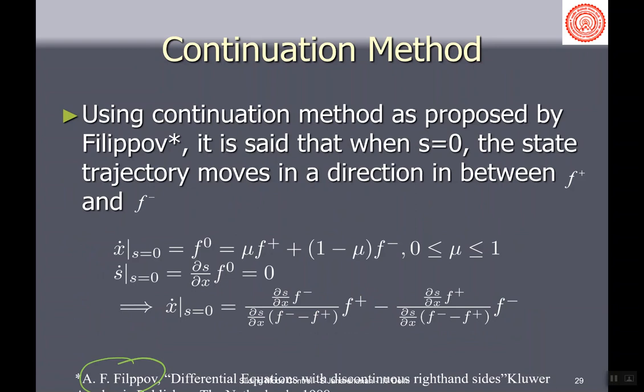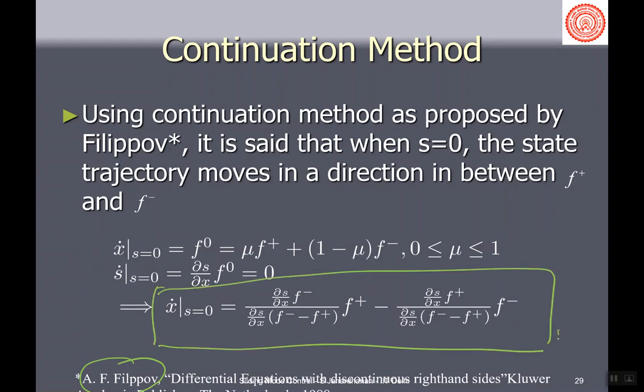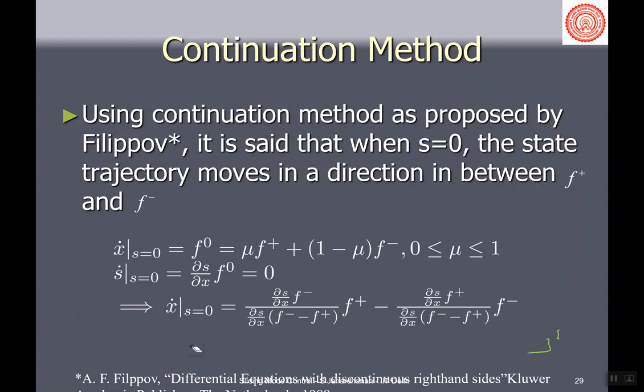I'll not go into the details. It basically says you have to design a sliding surface S such that, confined to the sliding surface, this complicated dynamics should be stable. This is the equation describing the motion on the sliding surface.